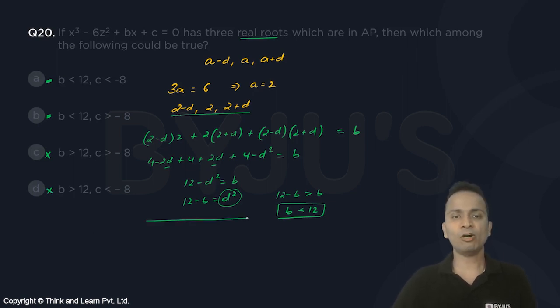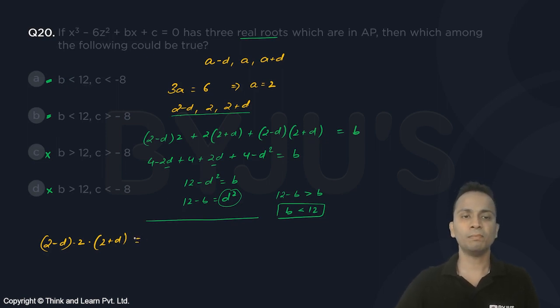Now again using the product of the roots. So the product of the roots, 2 minus d multiplied by 2 multiplied by 2 plus d should be equal to minus c. So simplify on the left hand side, it will be 4 minus d square multiplied by 2 is equal to minus c.